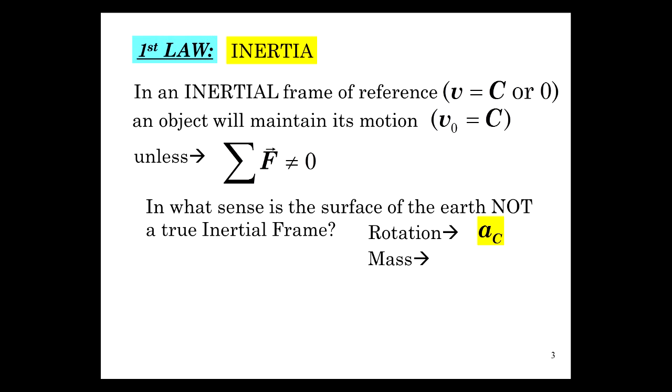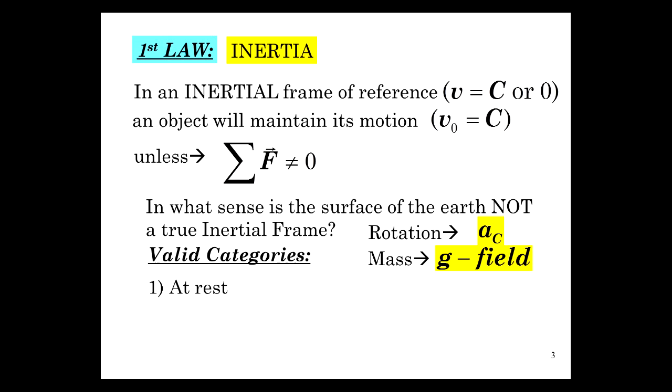In addition to that, it has mass, and therefore it produces, you guessed it, a G field. And a G field is indistinguishable from an acceleration, and therefore you don't have the conditions for a true inertial reference frame.